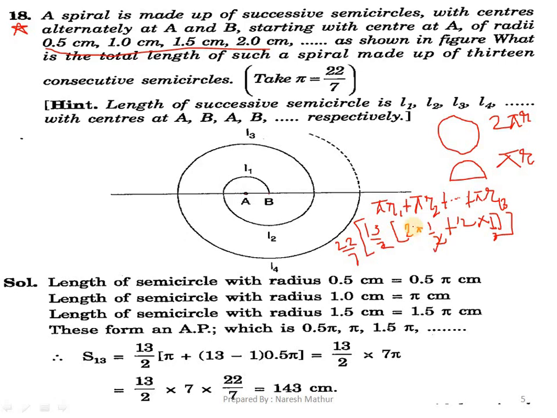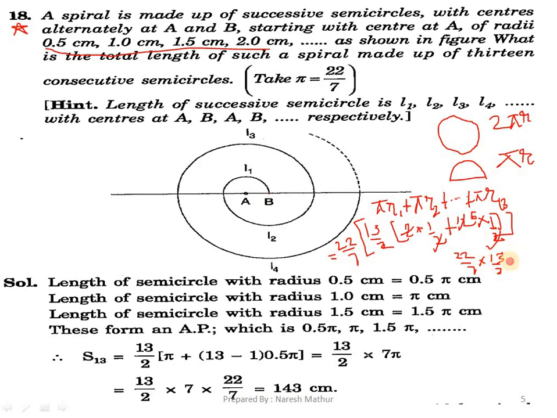Now just cut this 2 and this 2 will be cancelled with 6 times. So what we have at the last, it will be 22 by 7 into 13 by 2 into 7.